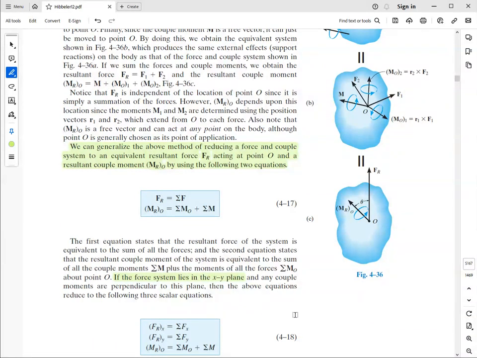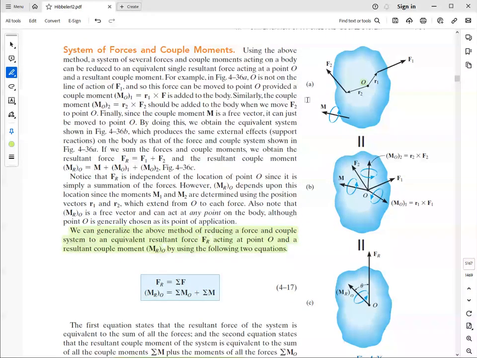And again, we can have moments that are applied separate from the forces. You have couple moments. They don't contribute to the first term, the sum of forces, because their forces are equal and opposite. But when we do include them, we add them as vectors.